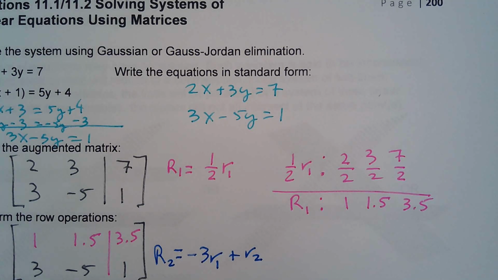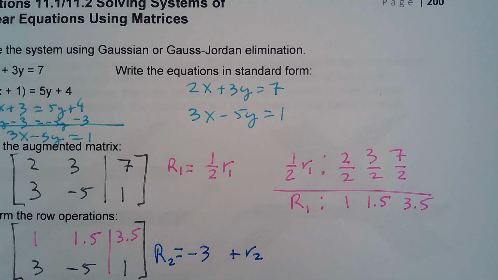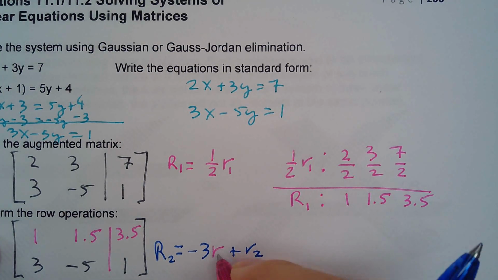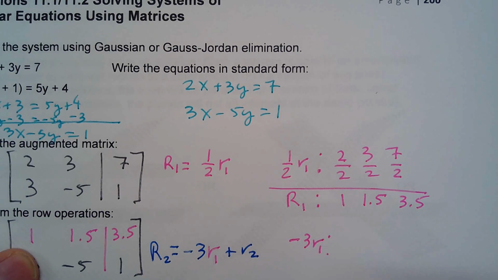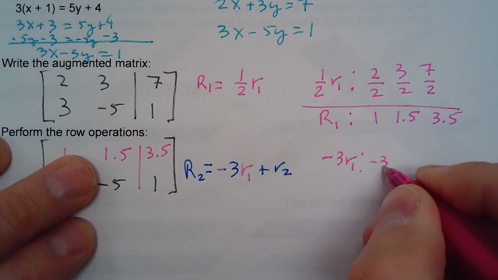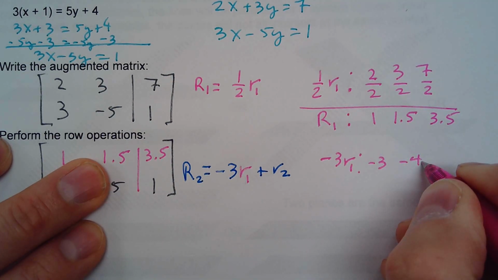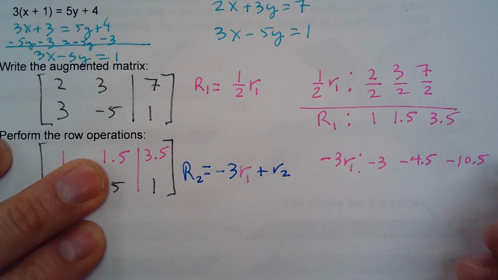So, in fact, let's color code this. So I'm going to take a negative 3 times row number 1. And let's see what we have. We have a negative 3, negative 4.5, and negative 10.5.